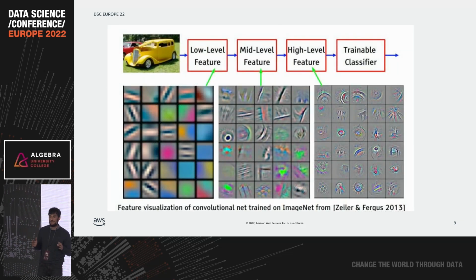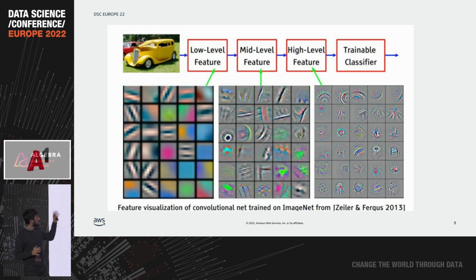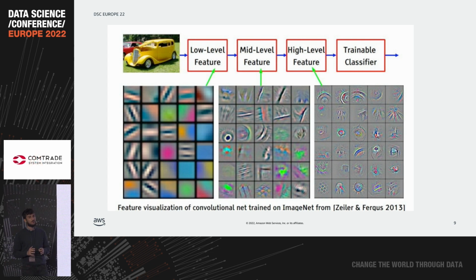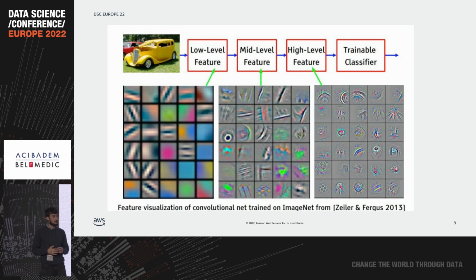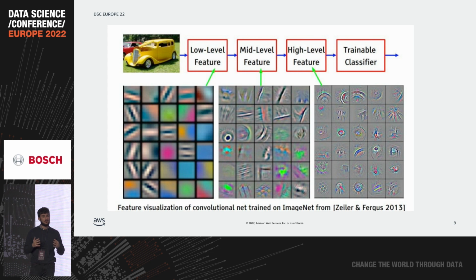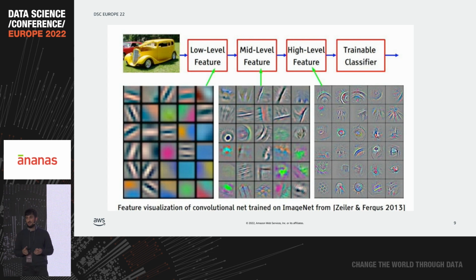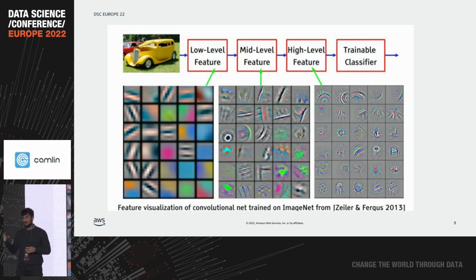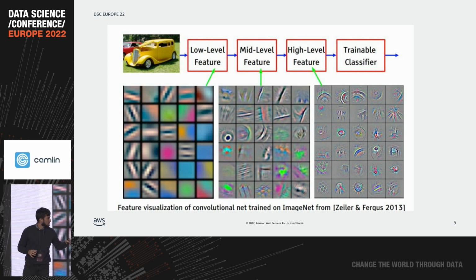Here you're going to see a little better what happens. Take, for example, this car, and it starts going through the convolutional neural network. On the first layers, the CNN starts recognizing small patterns, colors, some lines. Then, on the middle layers, it starts recognizing bigger features: some patterns, some shapes, circles, etc. And then, on the last layers, what we actually have are great descriptions of the image.